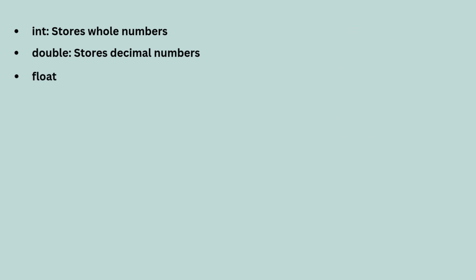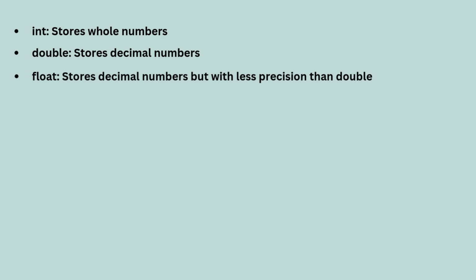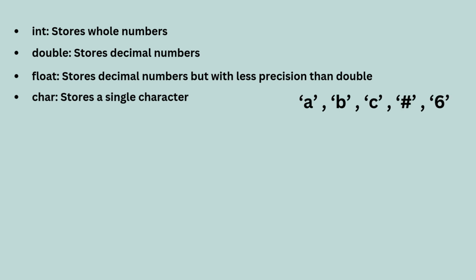Third one is float. It stores decimal numbers but with less precision than double, like 3.14f, 2.14f, minus 0.01f. Great for less precise measurement. Fourth one is char. It stores a single character like A, B, Z, useful for individual letters or symbols.